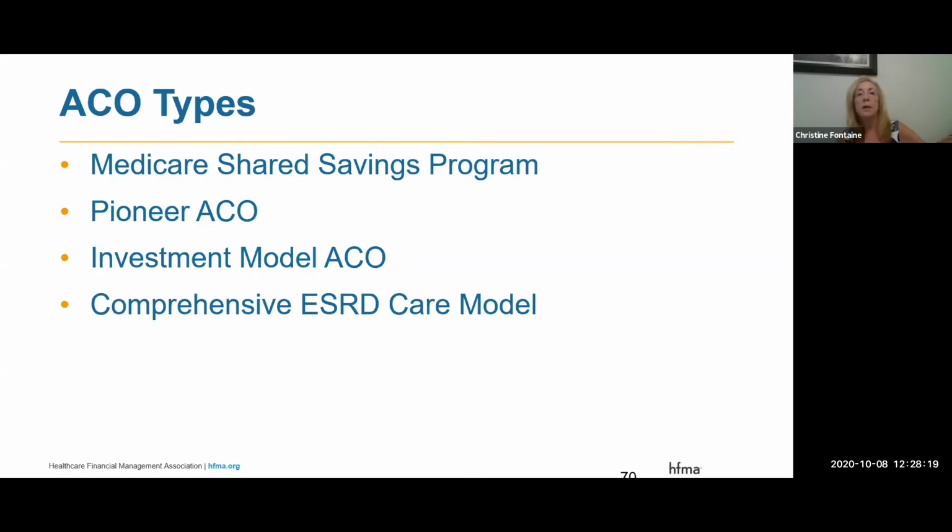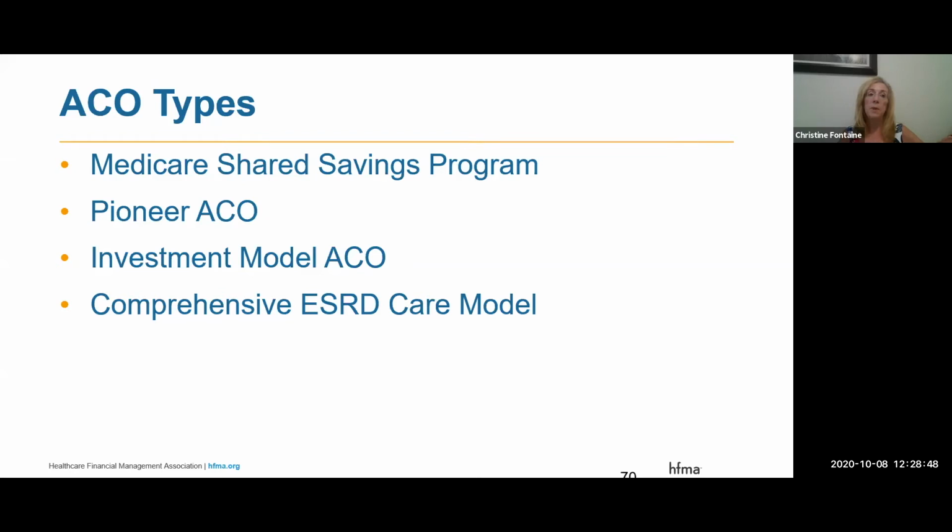So some examples of ACO types are MSSPs, which facilitates the coordination and cooperation among providers to improve care for Medicare fee-for-service patients and reduce unnecessary costs. A pioneer ACO is a model that was designed for healthcare organizations and providers that are already experienced in coordinating care for patients across care settings.